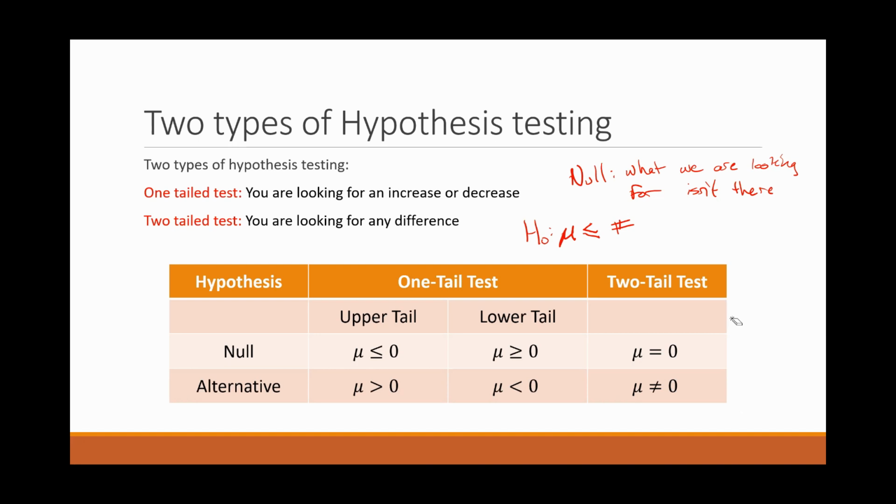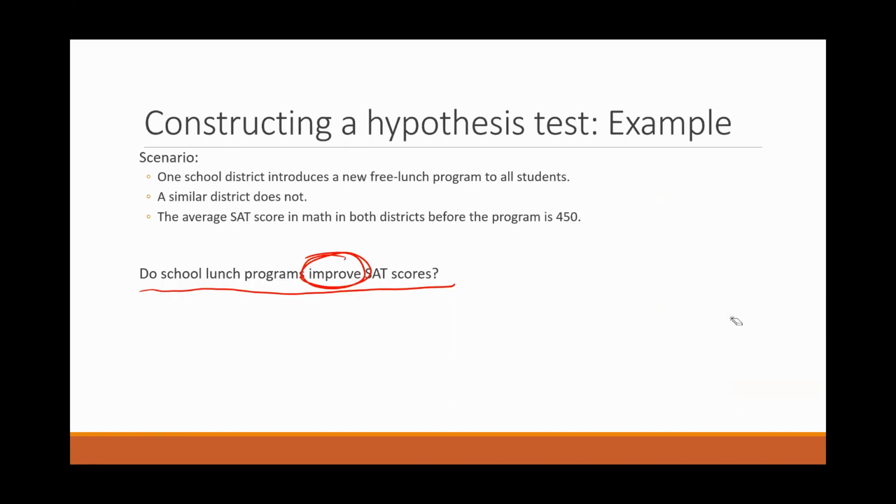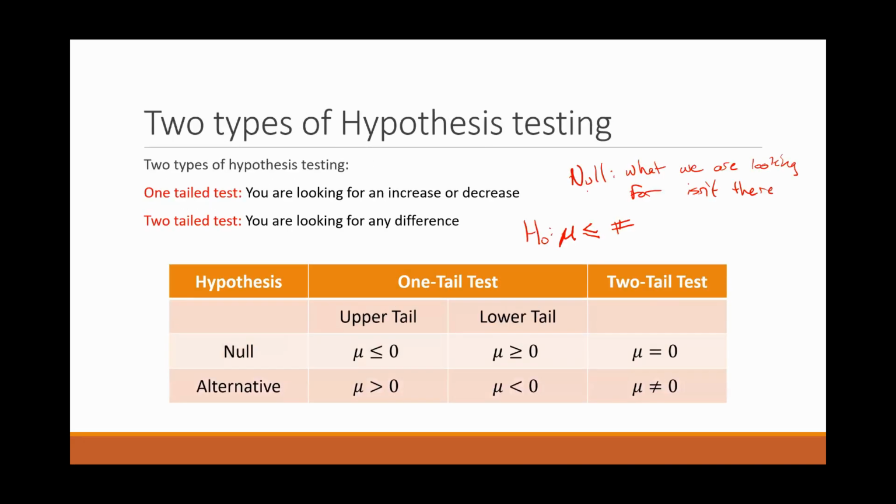So in our research question, do school lunch programs improve SAT scores? Remember, before the program went into place, SAT scores on average were 450. So the null hypothesis is that there is no increase. That what we're looking for isn't there.